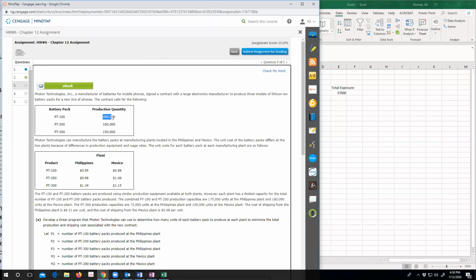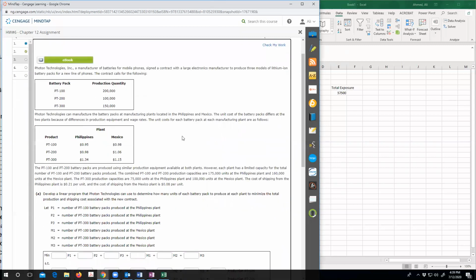They want a production of at least this many of this type, 100,000 of this type and 150,000 of this type. So this is their requirement. They have two options: they can manufacture them either in the Philippines or Mexico.